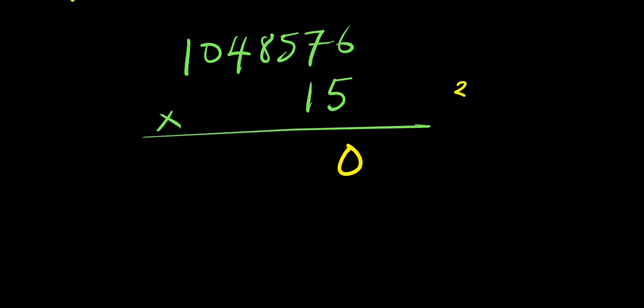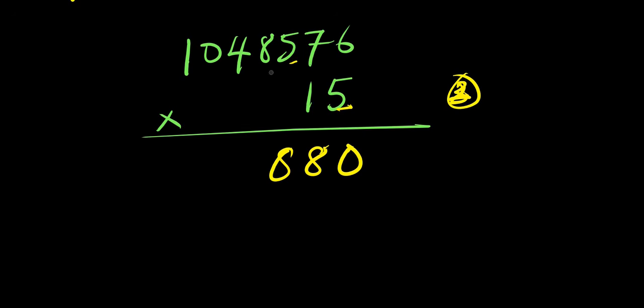We have 0 and carry over 3. 5 times 7 is 35, plus 3, 38. That's 8 and carry over 3. So also, we have 5 times 5, 25, plus 3, 28, 8 and carry over 2.